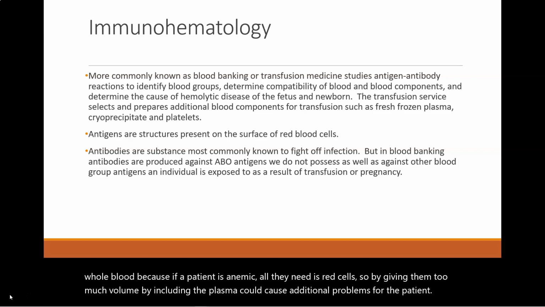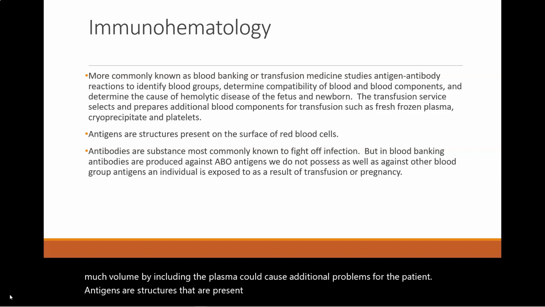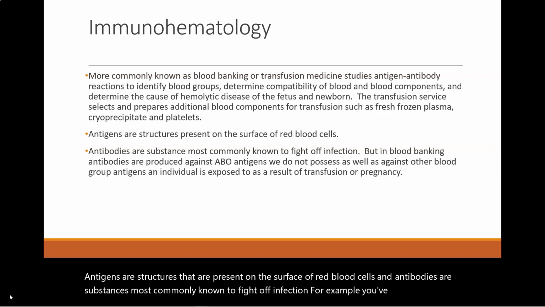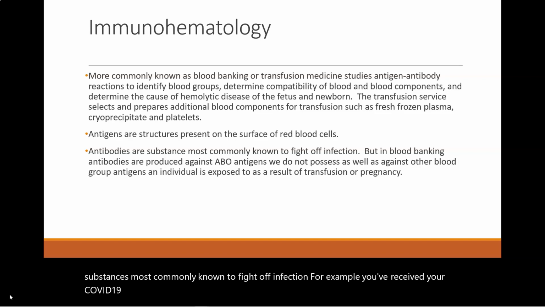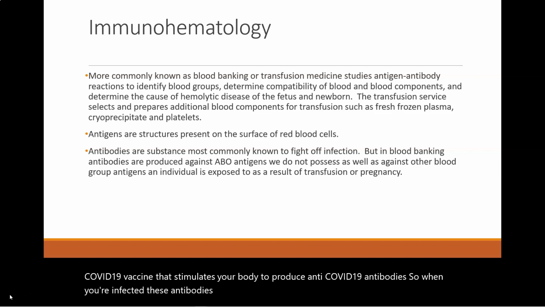Antigens are structures that are present on the surface of red blood cells, and antibodies are substances most commonly known to fight off infection. For example, if you've received your COVID-19 vaccine, that stimulates your body to produce anti-COVID-19 antibodies. So when you're infected, these antibodies will attack the virus and kill it.